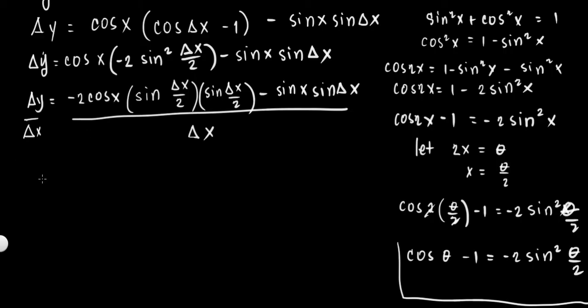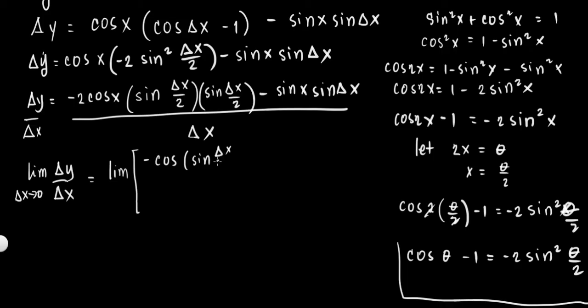Okay. Now, limit of delta y over delta x as delta x approaches 0 is equal to the limit of, okay, minus cosine of sine delta x over 2 times sine delta x over 2 minus sine x sine delta x.